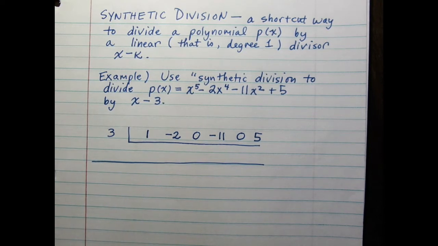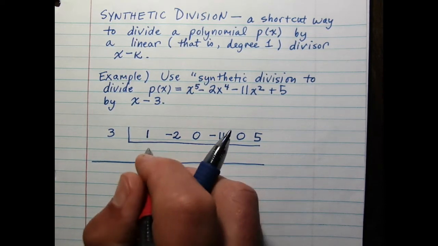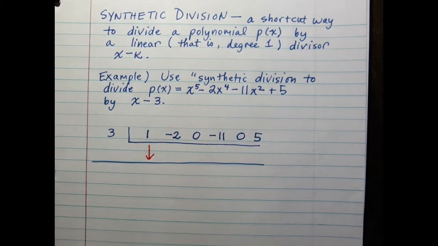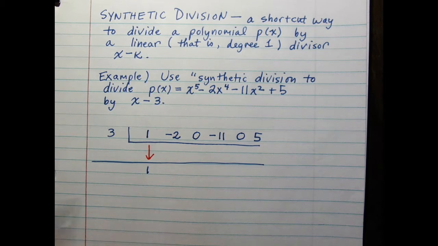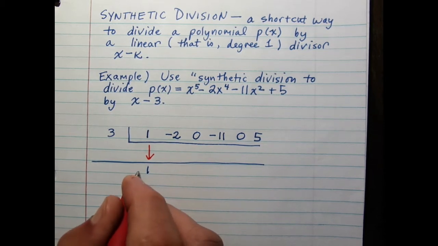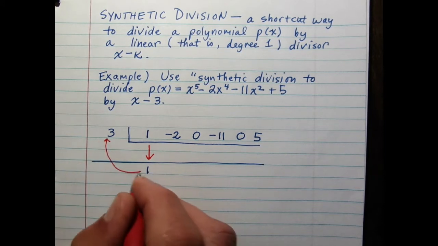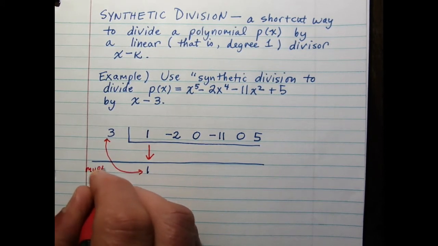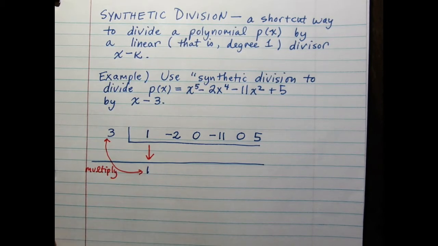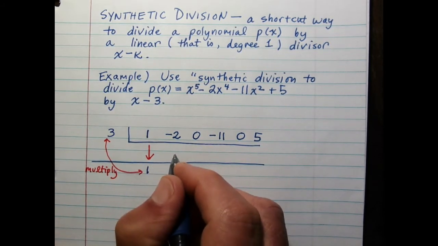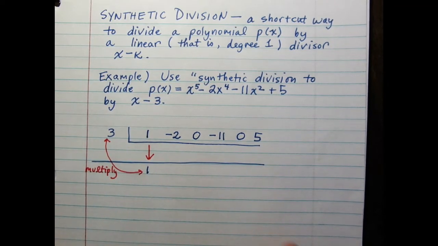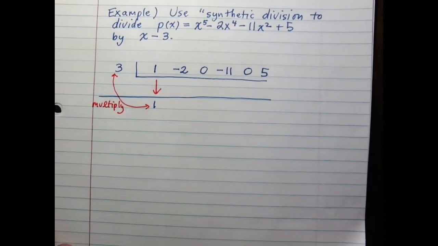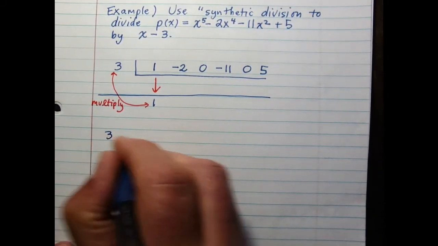So to get started with synthetic division, the very first thing you always do is bring down that first coefficient, in this case 1. Then I'm going to multiply this times this, and now I'm going to write the result here right under the negative 2. 1 times 3 is 3. But now, in order to make this something people can watch, I'm just going to recopy all my work.